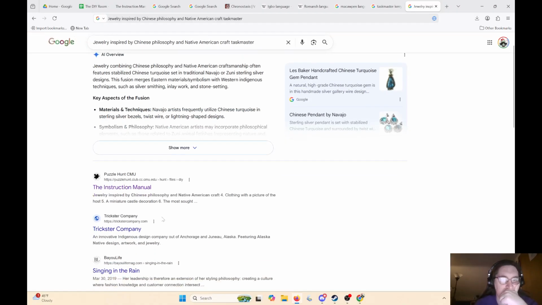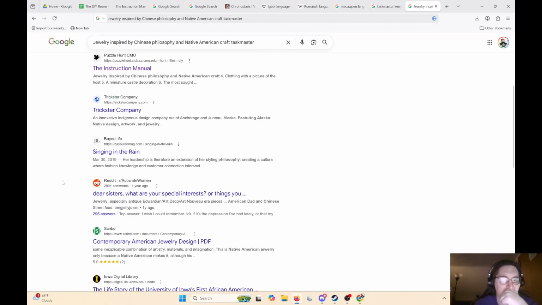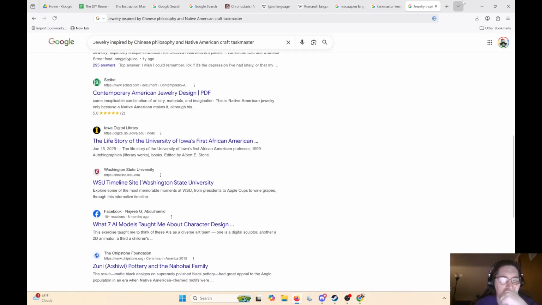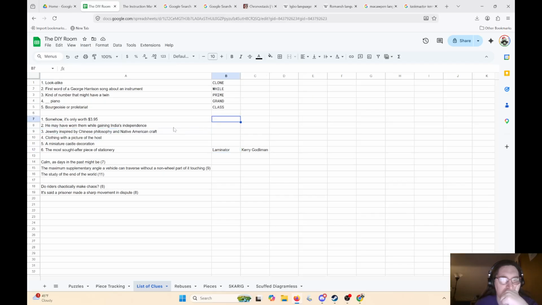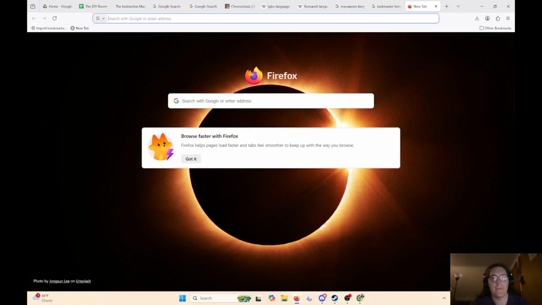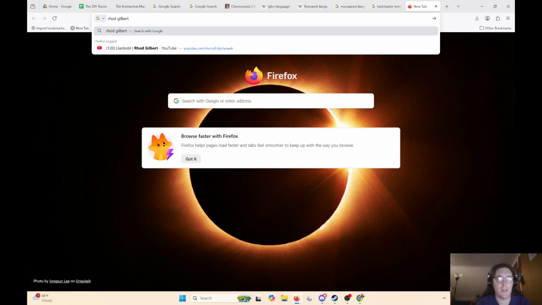This is the T-shirt, and this was done by Rod Gilbert, because Rod Gilbert did the whole thing where he tried to use the same picture of the Taskmaster every single time.